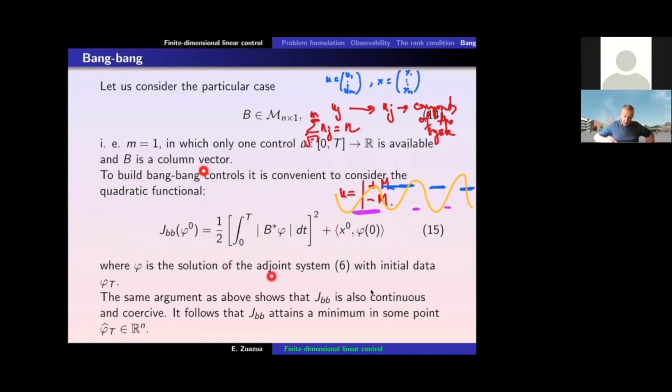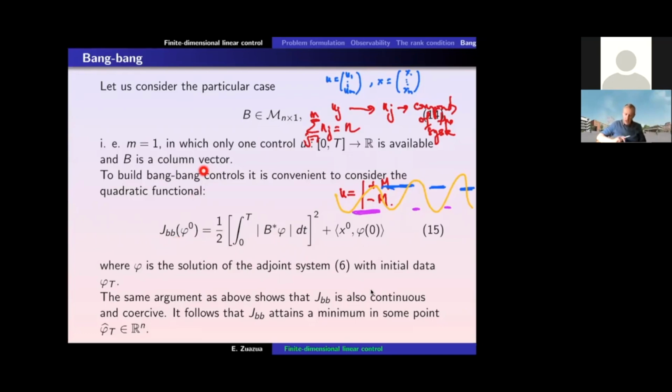Because it is a norm. And it is a norm because when I check what is missing for this seminorm to be a norm, the only thing I need is that B star phi equals 0 implies that phi is equal to 0. But this is the unique continuation property I have checked. So because of the Kalman rank condition and its interpretation in terms of the observability property for the adjoint system, this functional is coercive as well.